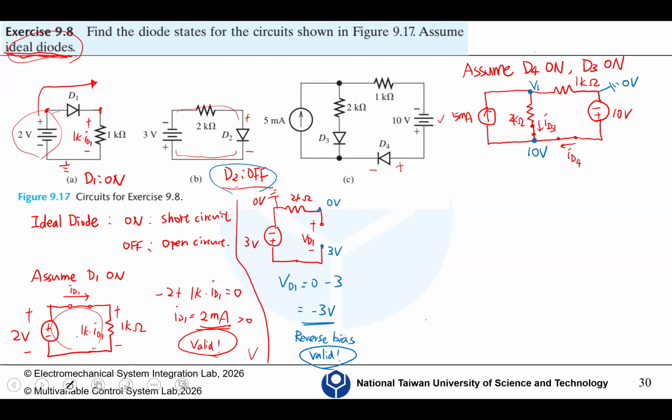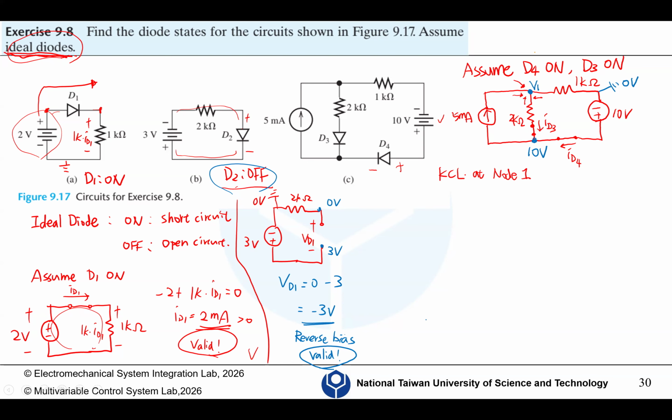So let's see. We look at node 1. So suppose this is node 1. KCL at node 1: we assume the summation of current flowing into node 1 is 0.